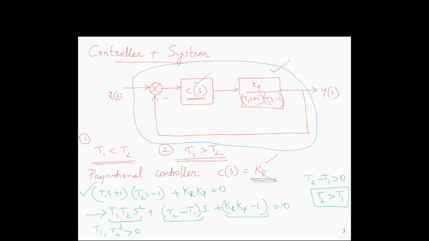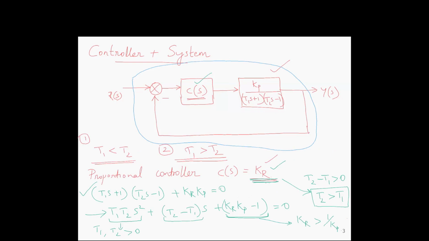We started initially with the proportional controller. Whenever a proportional controller is used, this condition should be satisfied for the system to be stable. And from the third term, we will get the condition KR should be greater than 1 by KP.